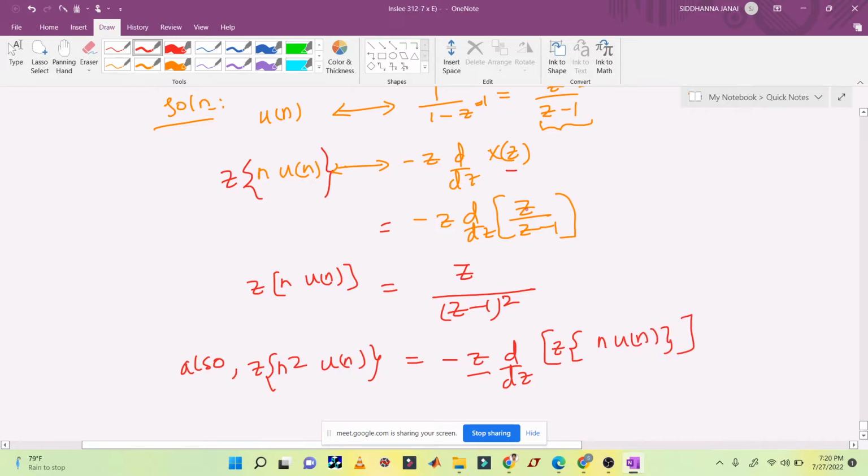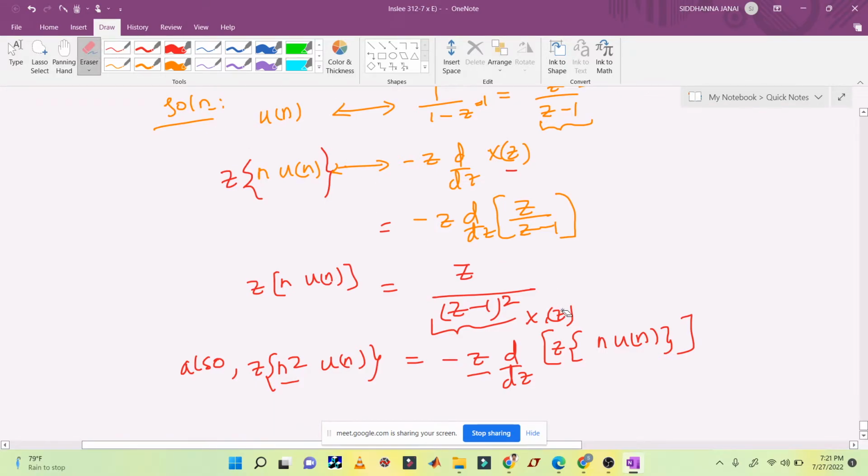Once we differentiated, now we have to differentiate two times. The z transform of n u of n, this I will consider as x1 of z. If I consider this as x1 of z, then differentiating x1 of z again will give us n square u of n. If it is n cube, we have to differentiate 3 times, multiplying by minus z every time.